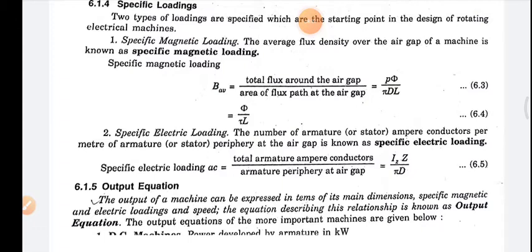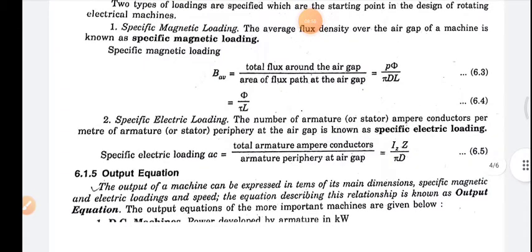Now moving further, we are going to derive the output equation of an AC machine. What is the output equation? We must know that first. How can the output of an AC machine be defined or expressed?